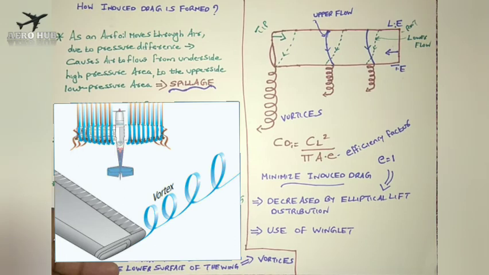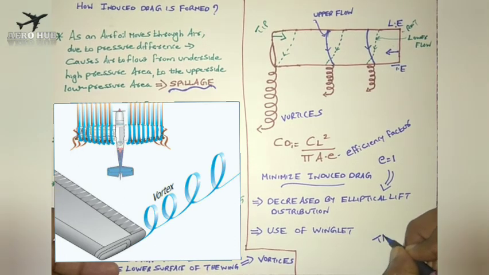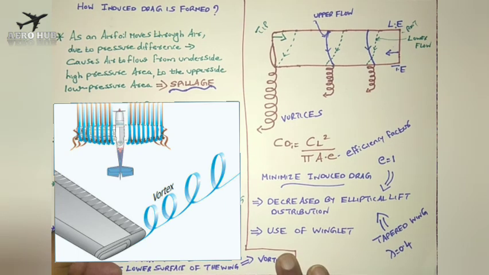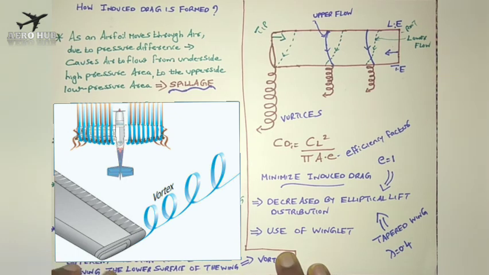And by using a tapered wing at a taper ratio of 0.4, we can achieve elliptical lift distribution. That's why most of the wings used nowadays in commercial aircraft are tapered.